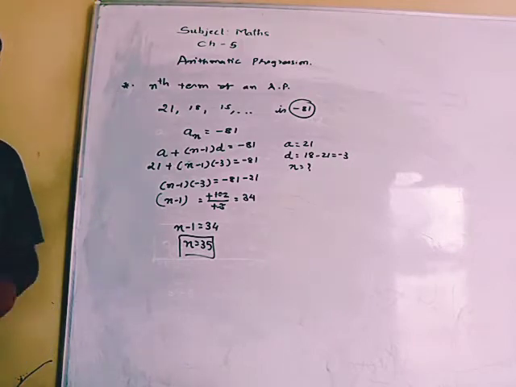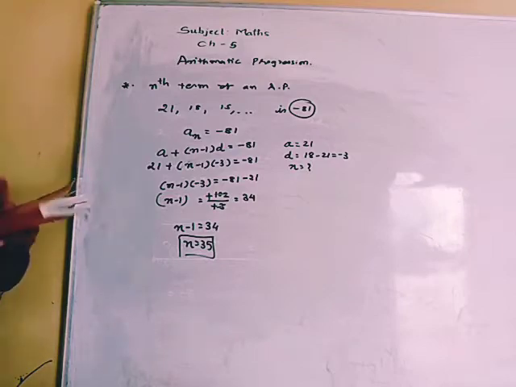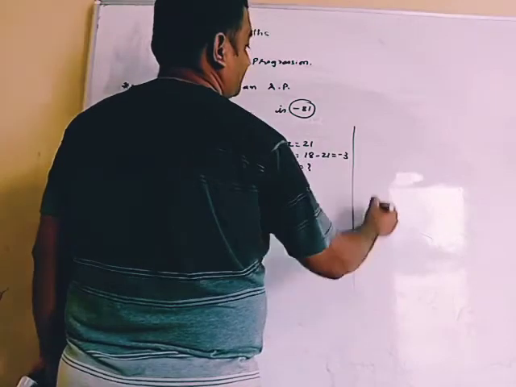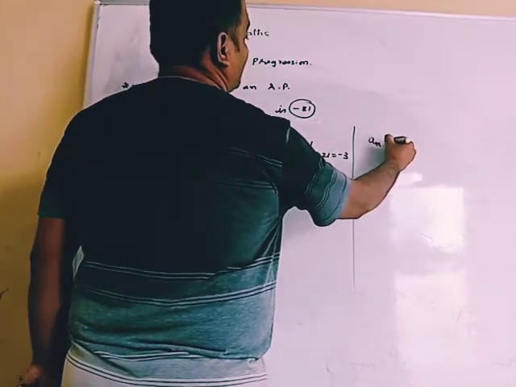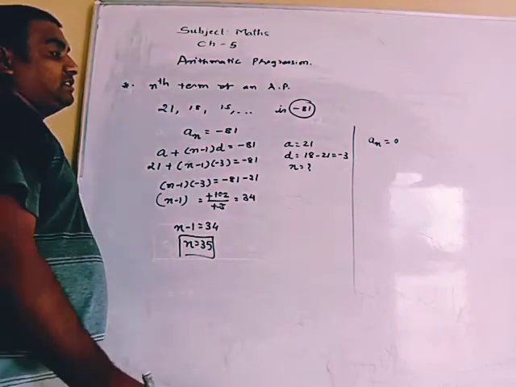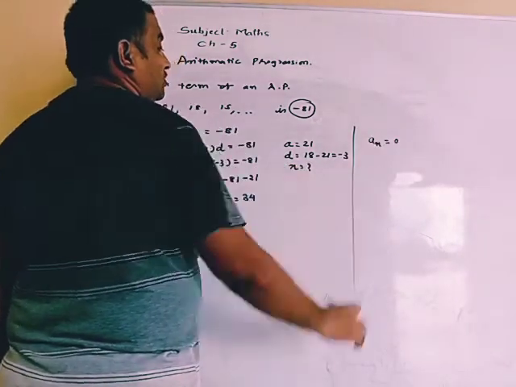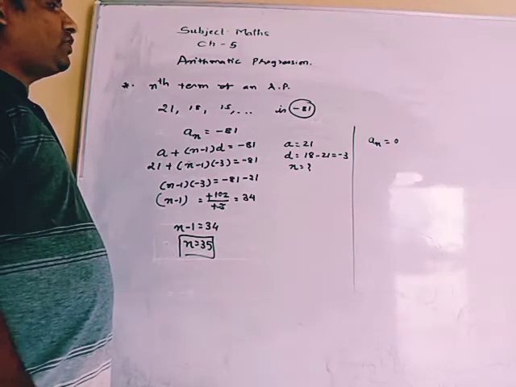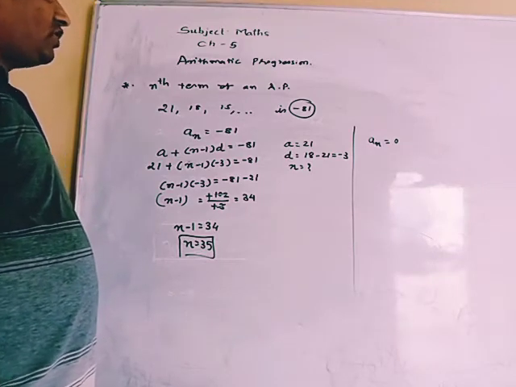Now the further question is: is any term 0? Give a reason for your answer. So we take an equals 0 and find n. Now the term number is always a natural number. If n is a natural number, then 0 is possible as a term; otherwise it is not possible.